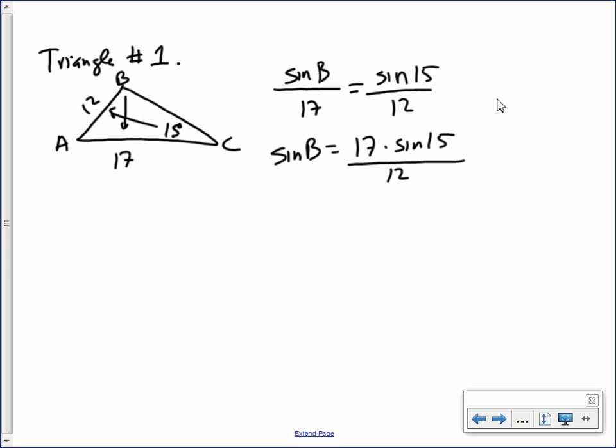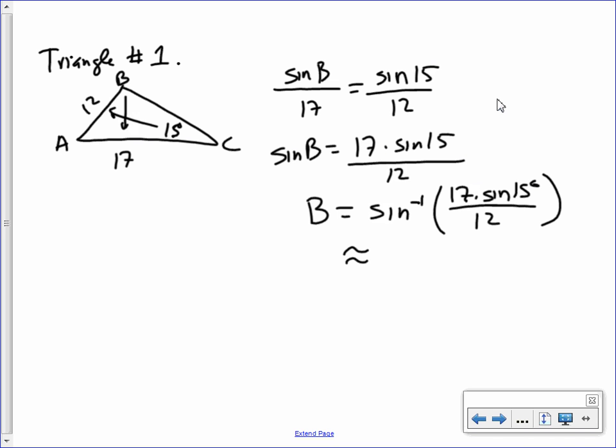And if you take the inverse sine of it, you're going to get angle B. And actually, I should call this B1, the first B, because there's going to be a second one. It is about 21.50 degrees.